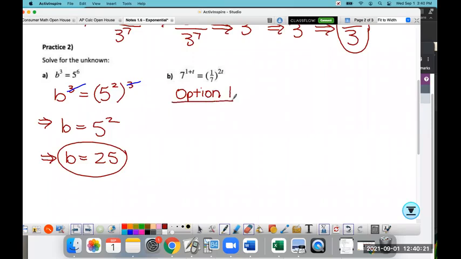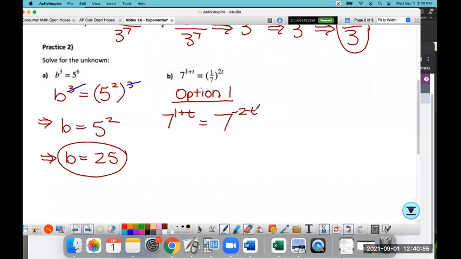Okay, so option 1, I am going to go ahead and try to get the same base on both sides. I have 7 to the 1 plus t. That's what I'm ideally trying to do, is get a base of 7. In order to get a base of 7 on the other side, I'm going to have to make my power negative. So I'll make that a 7 in the numerator, but then I'll make the power the opposite sign.